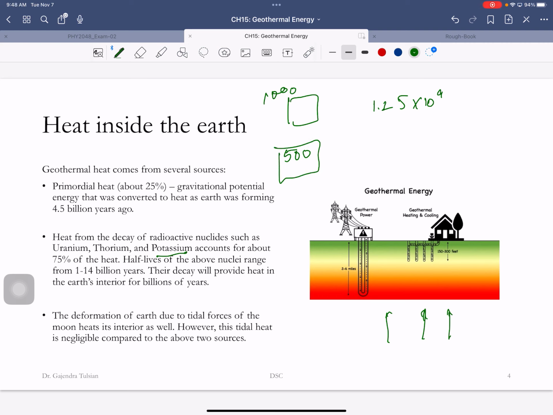So 75% of the heat is produced by these nuclei decaying, and they will be decaying for a long time. They won't be gone for a long time, so they'll be producing heat for a long time. That's where the heat is coming from: 25% is primordial heat and 75% is from radioactive decay.